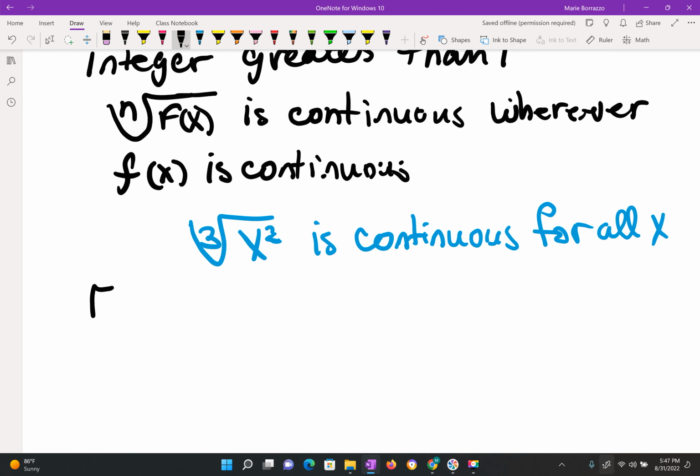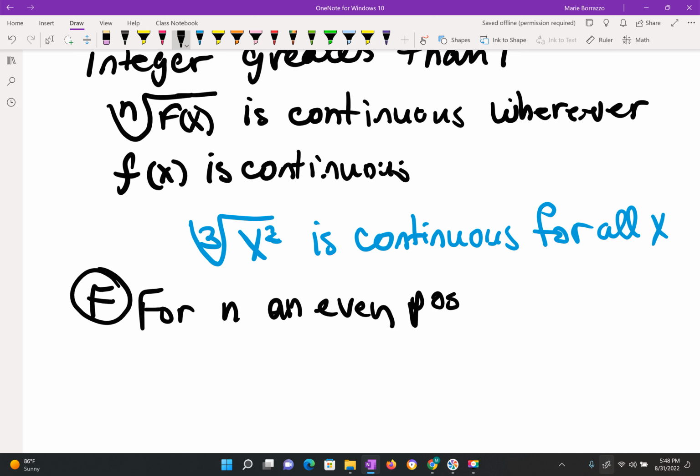Okay, for the last one, f. For n an even positive integer, they give you the nth root again of f of x, nth root.